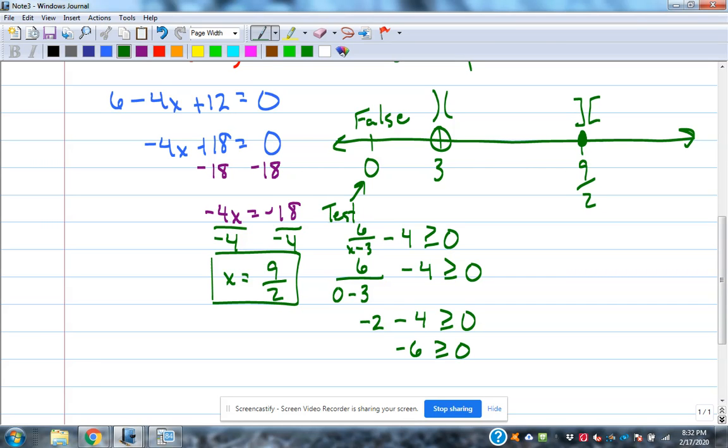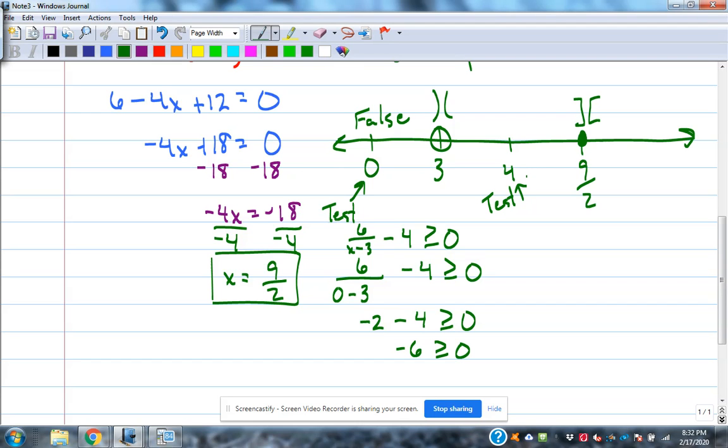Now, what's 9 over 2? What number is it? 4.5, 4.5. What's a number between 3 and 4.5 that would be easier to plug in than maybe some of the other numbers there? 4. So I'm going to plug 4 into this inequality and check it.